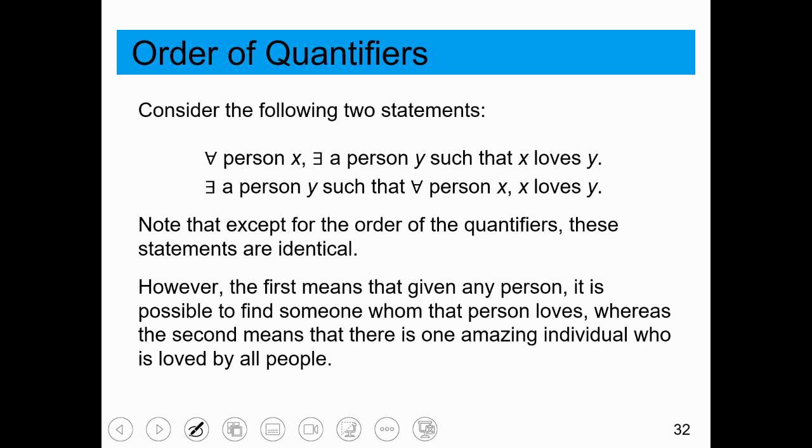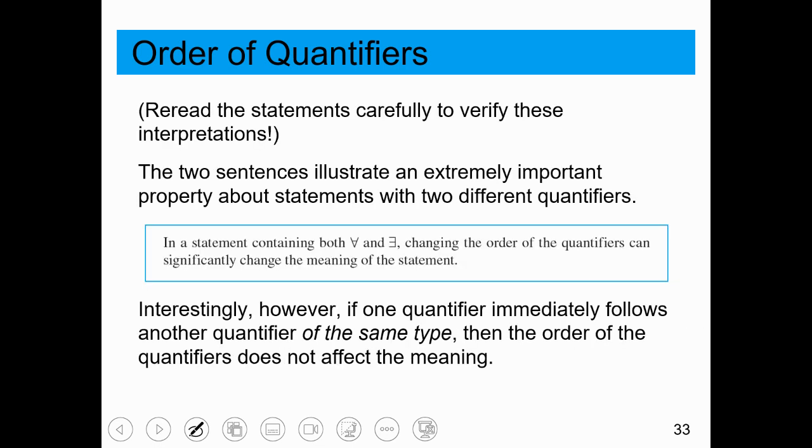However, the first means that given any person, it is possible to find someone whom that person loves, whereas the second means that there is one amazing individual who is loved by all people. I like this example. Pause and contemplate this one for a moment. Reread the statements carefully to verify these interpretations.